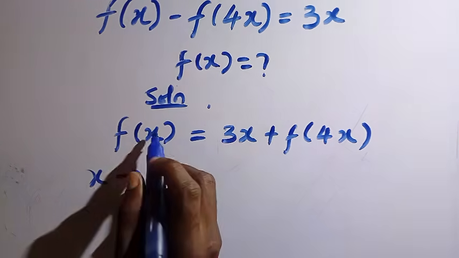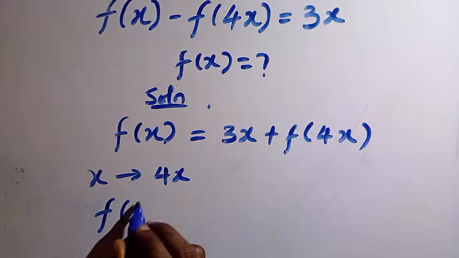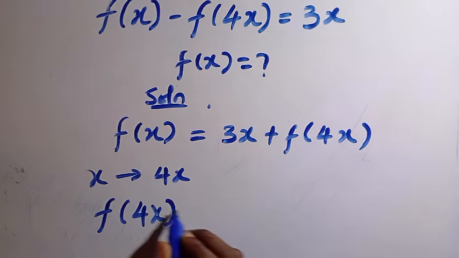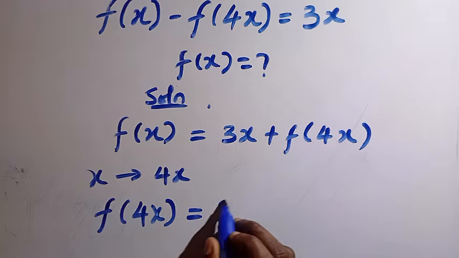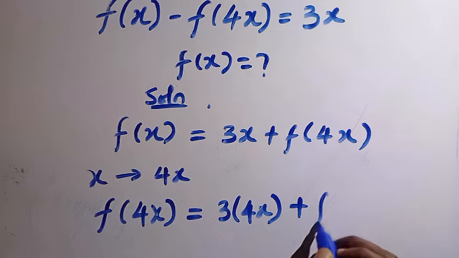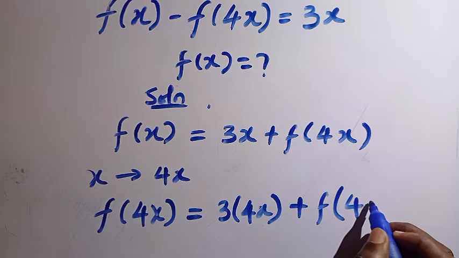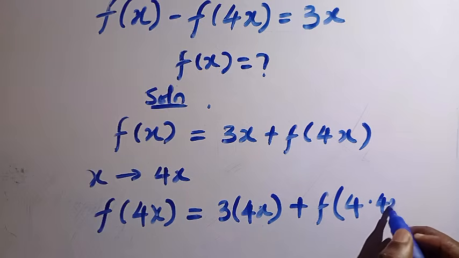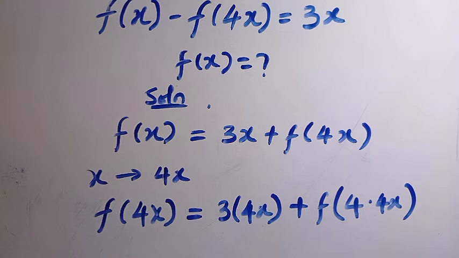4x. And this gives us f of 4x equals 3 into bracket of 4x plus f of 4 multiplied by 4x.